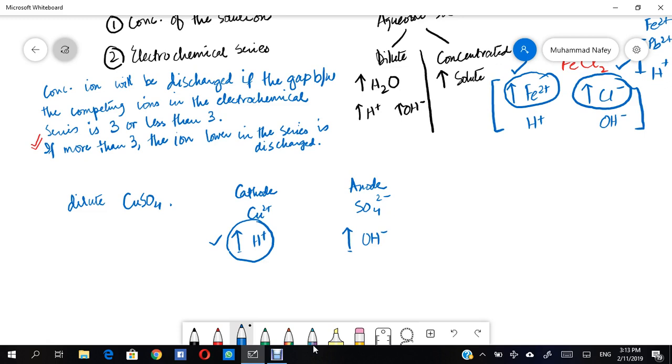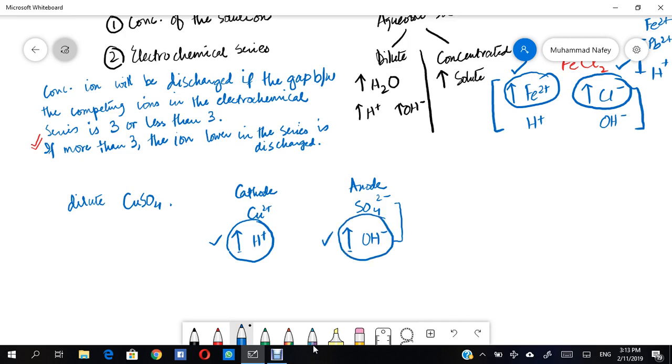At the anode, the hydroxide ions should be discharged if the gap between sulfate ions and hydroxide ions in the electrochemical series is 3 or less than 3. The gap between the two competing ions here is more than 3, and therefore the second clause of our law kicks in, and the ion lower in the electrochemical series, that is the hydroxide ion, will be discharged.